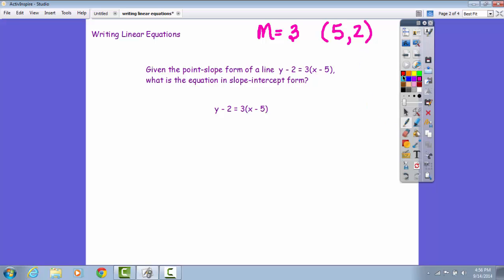The reason that I know this is that point-slope form written out is y minus y sub 1 equals m times x minus x sub 1, where m is given to us and our ordered pair x, y is given to us and filled into the problem.